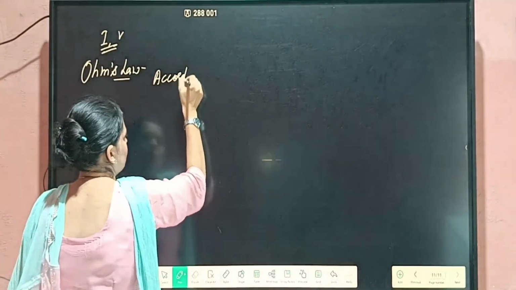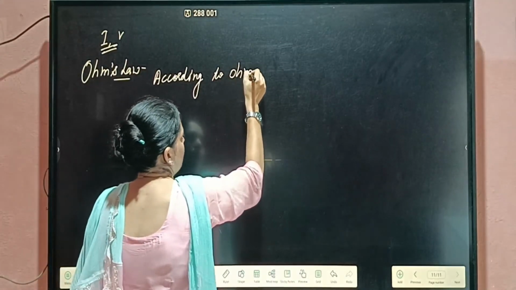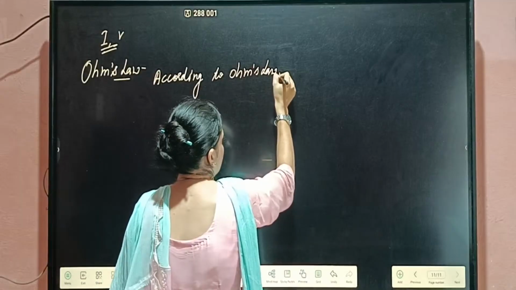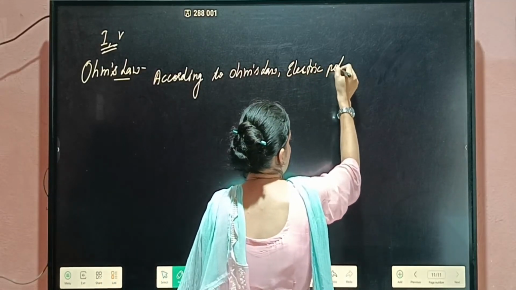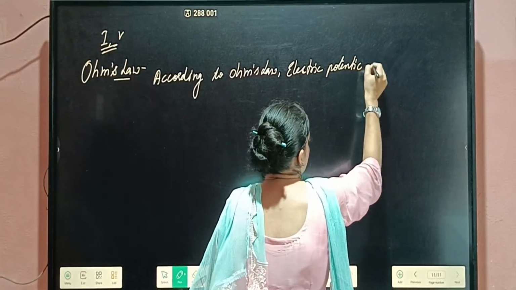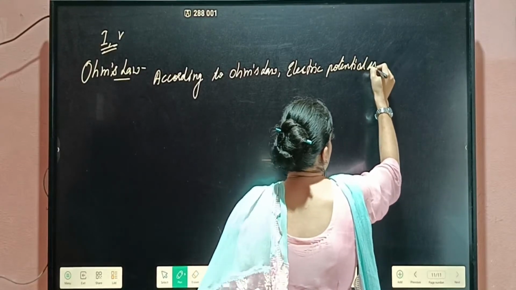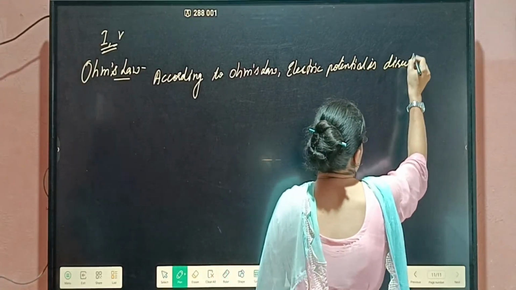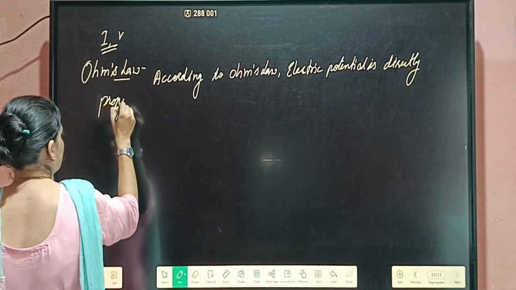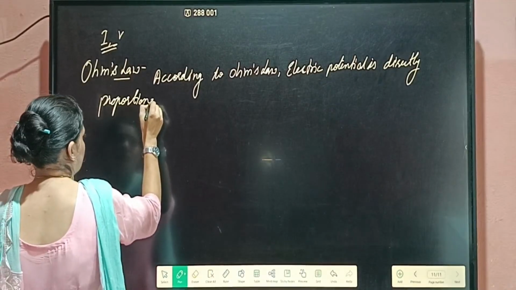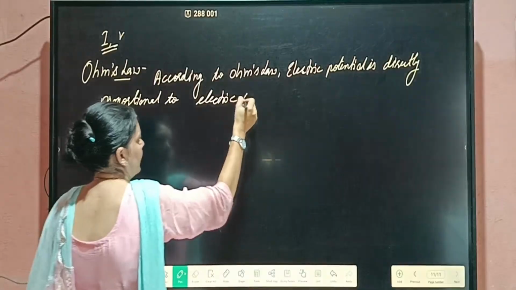According to Ohm's law, electric potential is directly proportional to the electric current.